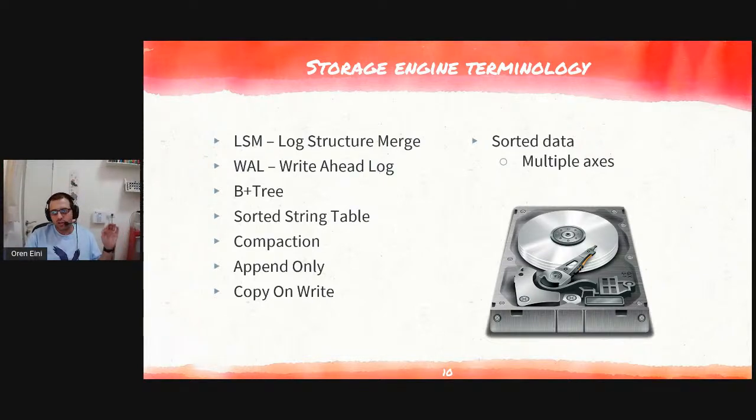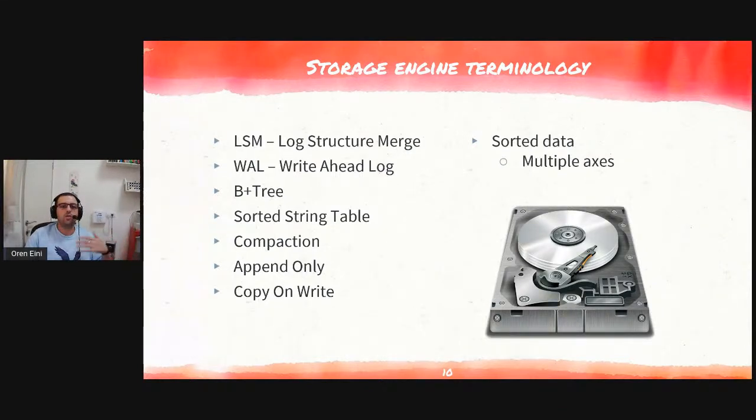Sorted data, as I mentioned, is super important, especially because you have multiple access paths that you have to look up the data by. For example, in the phone record example, I have to search by name or by location, or, if I'm talking about a commercial book, by industry.